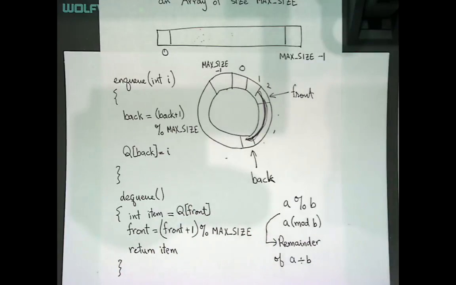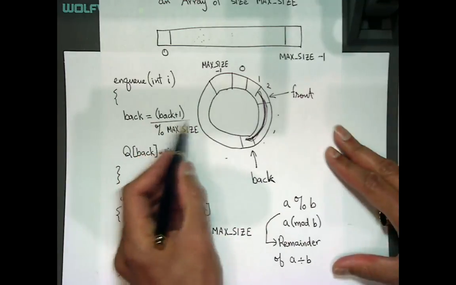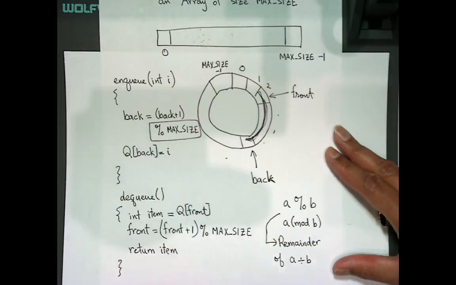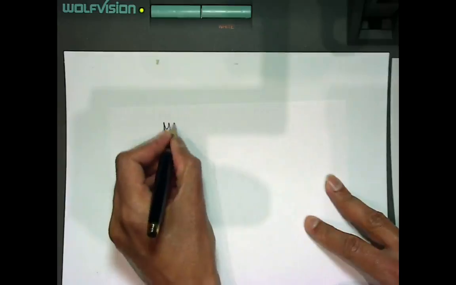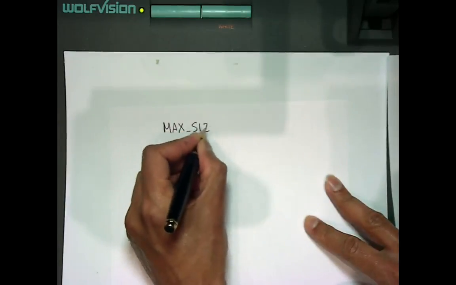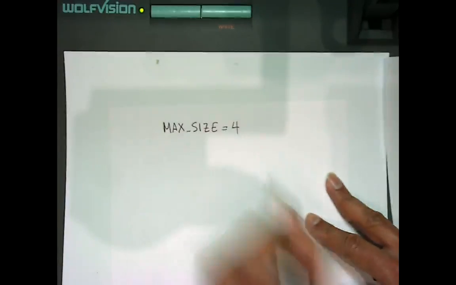Now we actually don't have to get too much into the guts of what A percentage B does. The only thing we need to understand is what happens in this setting. So note that I'm doing percentage max size. So let's actually use a simple example. And let's just say max size is 4.